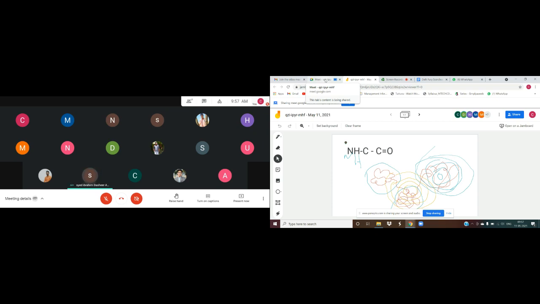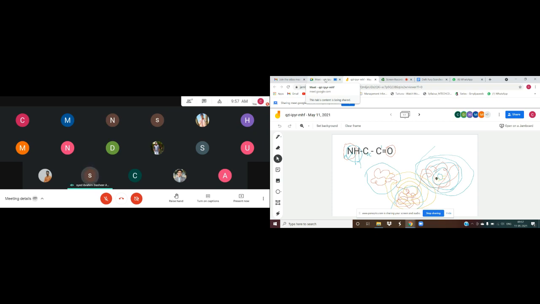You have an NH group here, and this is the C alpha atom, and this is C prime, C double bond O. You have a nitrogen here, so this nitrogen and this carboxyl oxygen have a positive and a negative charge, even though I have a hydrophobic amino acid in the center.